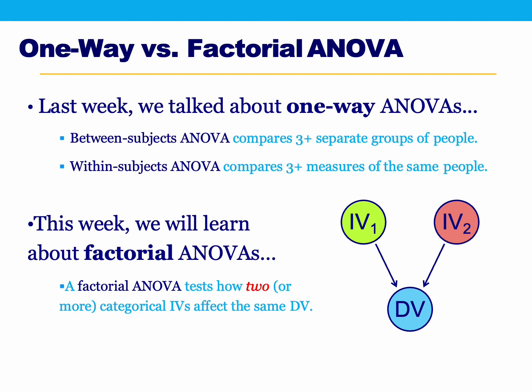With a between subjects design, we are comparing at least 3 different groups of people. What varies between those 3 groups of people is the levels of our independent variable, right?